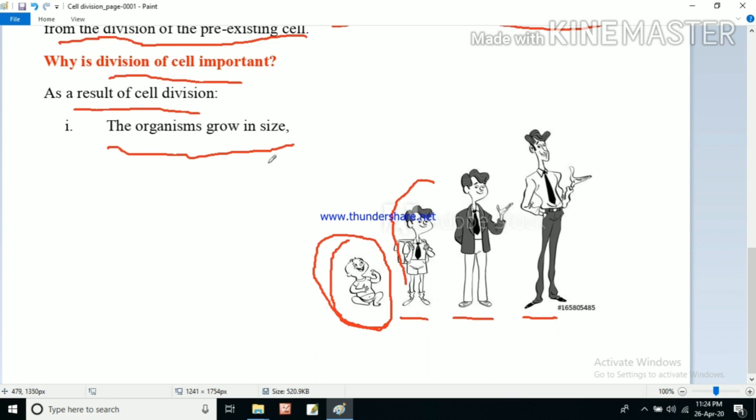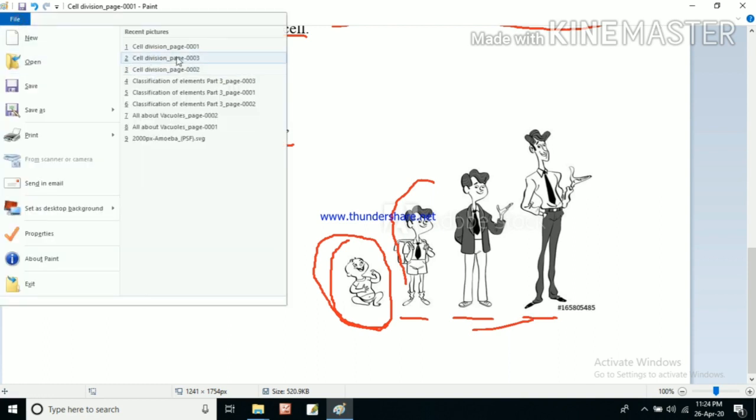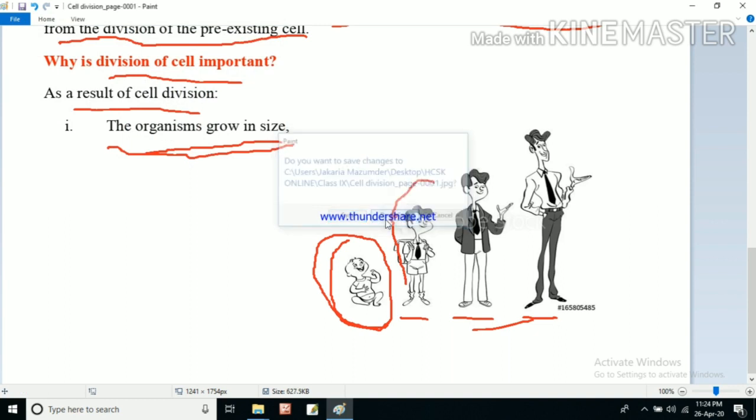So the main reason for cell division is that organisms grow in size. The cells divide and the number of cells increases in humans or any organism's body, and organisms grow due to cell division. In the second page we will see the other reasons.